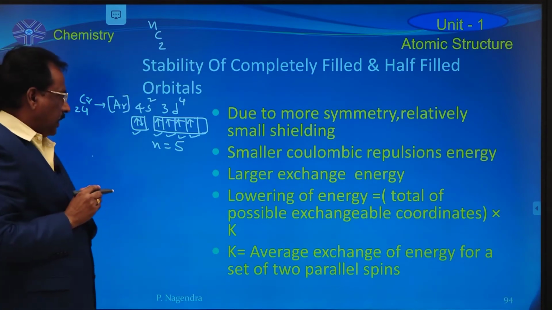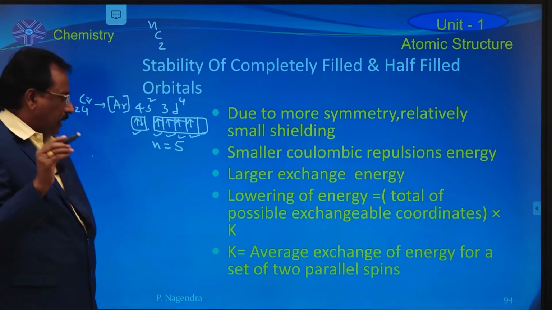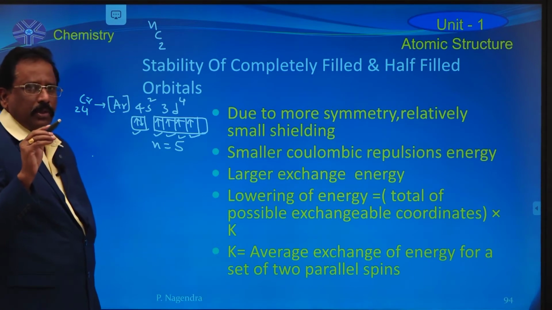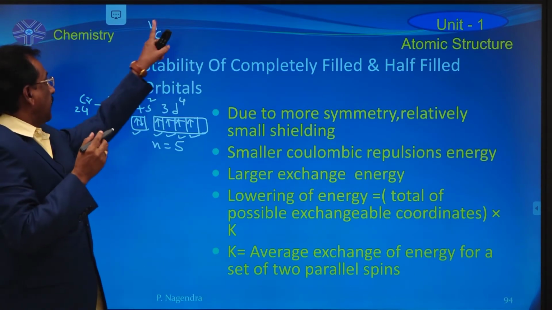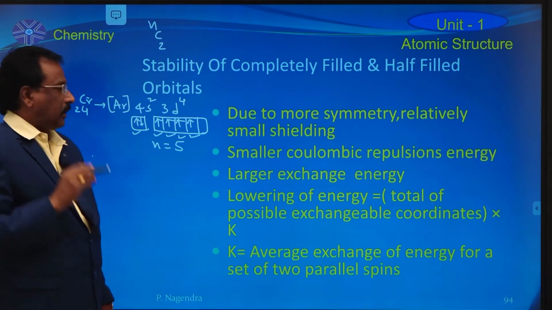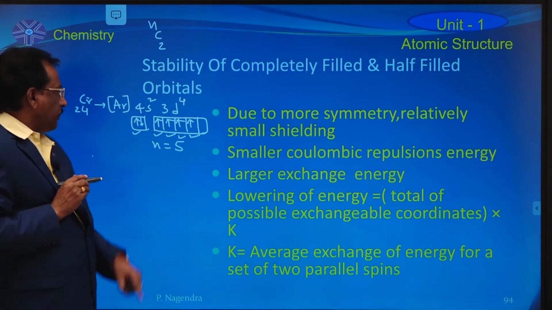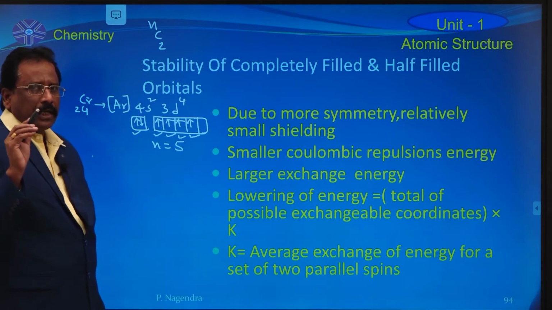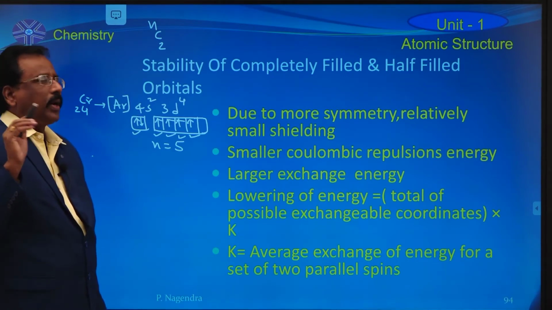This is the formula used to calculate the total number of possible exchange coordinates, where n indicates the number of parallel spin electrons. In 4s2 3d4, the number of parallel spin electrons is equal to 5.